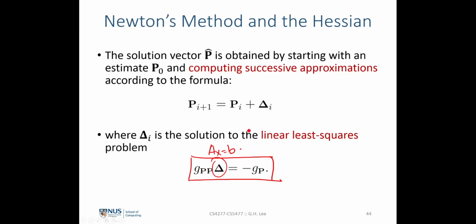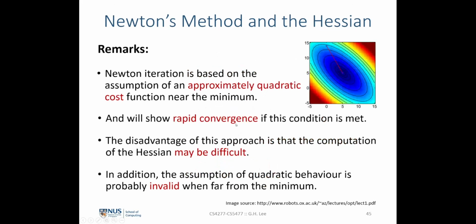So once we have obtained delta, we'll do an update of the vector p in the next step by simply adding delta that we have found from this step to the p vector in this particular step. And we'll do this successively until convergence.